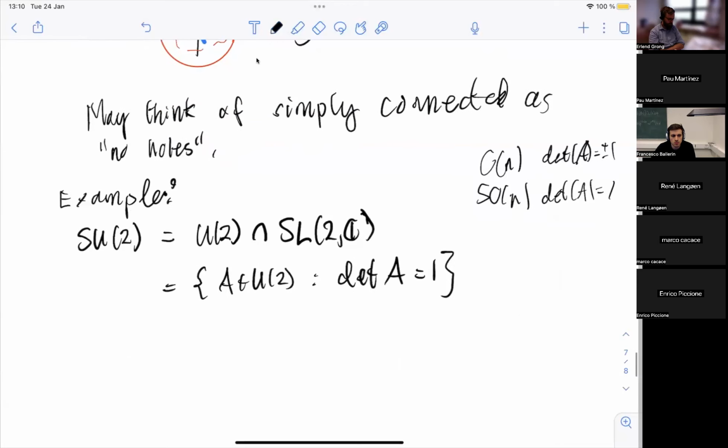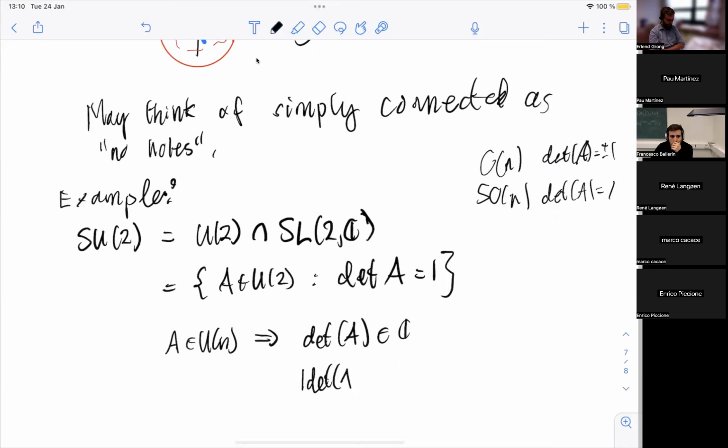So here it is a bit more complicated because if A is a unitary matrix, then the determinant of A is a complex number of length 1.